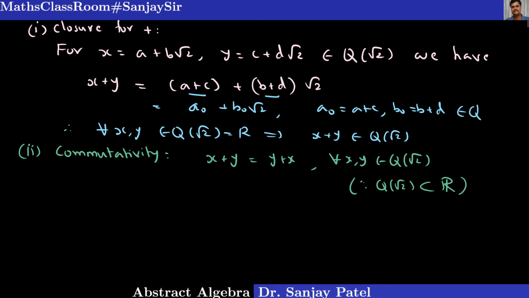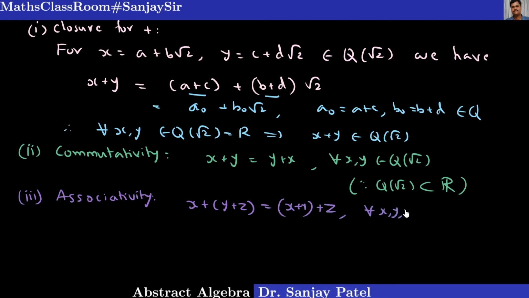In the same way, associativity also holds, that is x plus y plus z is equal to x plus y plus z grouped differently, and this is also true for all x, y, z belonging to Q root 2.